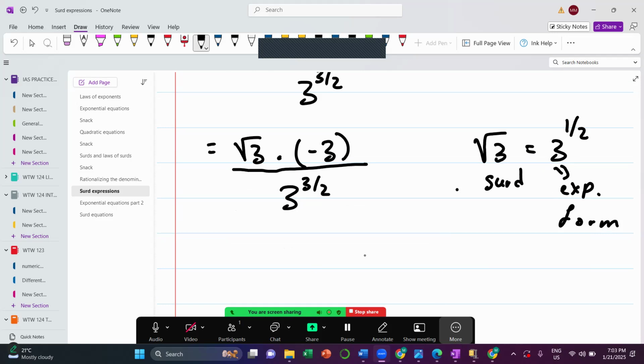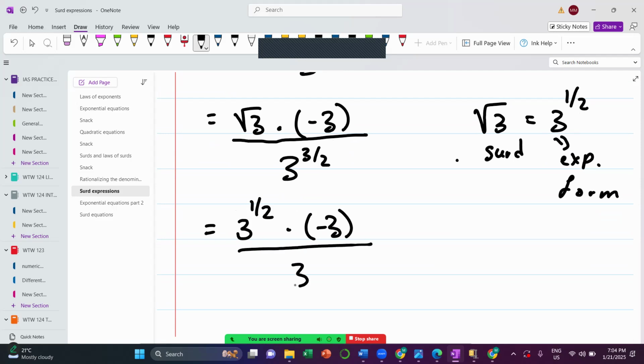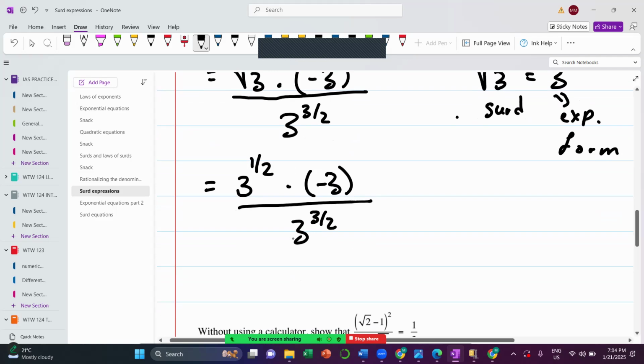So I'm going to have 3 to the exponent of 1 over 2 times negative 3, all over 3 to the exponent of 3 over 2. Do you allow me to take that negative sign to the front?